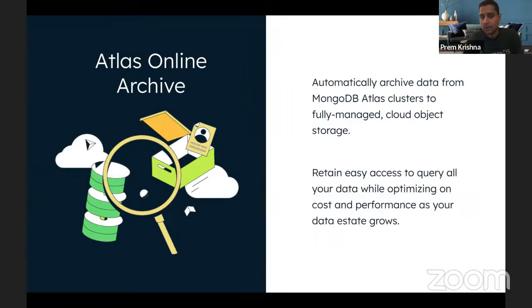And with MongoDB Online Archive, you can not only tier your data to cloud object storage, at the same time, you can access your data while optimizing your cost and performance as your data grows in MongoDB Atlas. So you can move your cold data to fully managed cloud object storage by MongoDB. It's completely automated, and at the same time, you have access to your cold data.